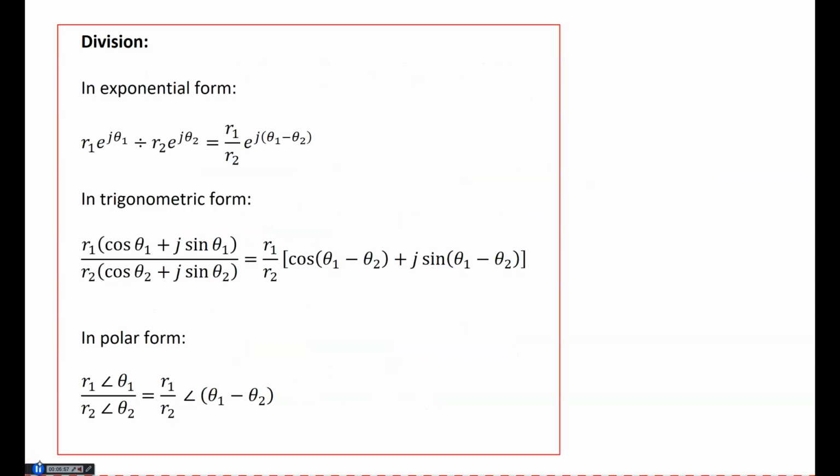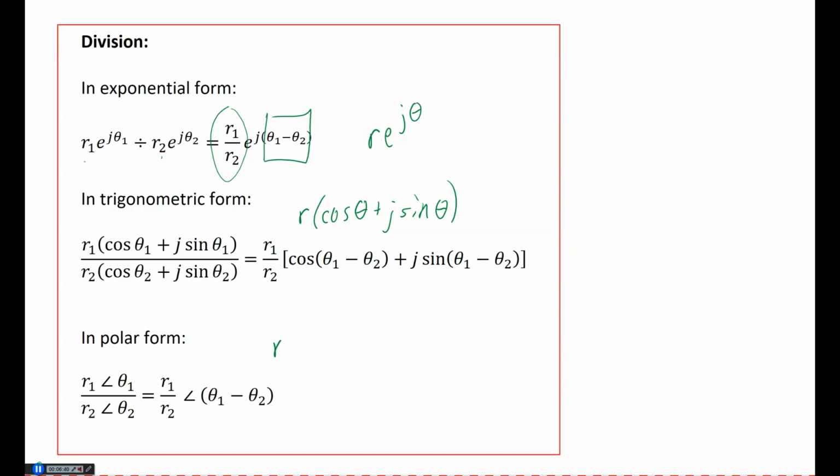Now, very similarly, we can perform division of complex numbers in exponential, trigonometric, and polar forms by doing a very similar process, except instead of multiplying the r's, we will divide the r values, r1 divided by r2. And instead of adding the angles, we will subtract, so theta 1 minus theta 2. And keeping the same form, this will be r e to the j theta. And in trigonometric form, the answer will take the form r cos theta plus j sine theta.